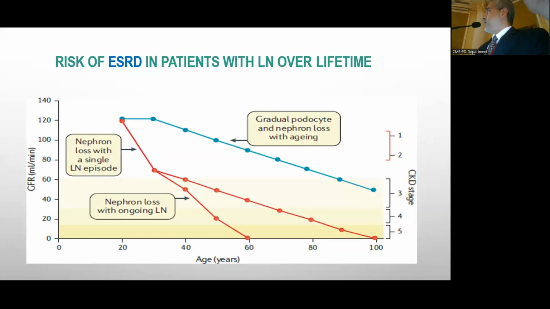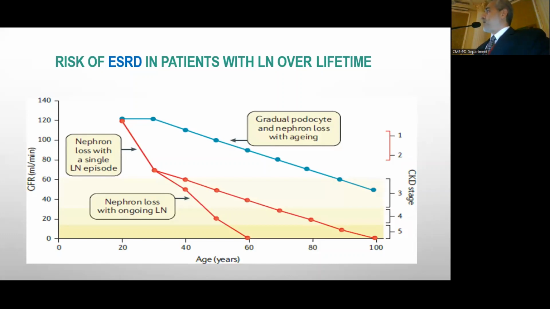Nearly at the age of 70, most healthy persons have a GFR around 70, which is within CKD stage 2. This is not pathological, but an aging process, including progressive nephron loss.